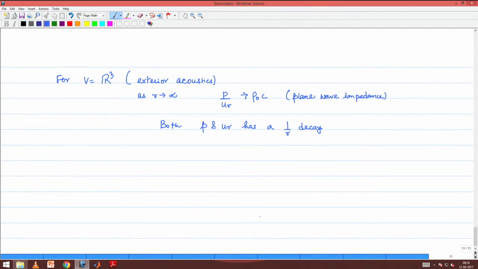We have proved this from the point of view of the monopole. Now, therefore, what we will say is that p by u_r should approach rho naught c as r tends to infinity. It should not only be equal, rather it should take the form as defined here.